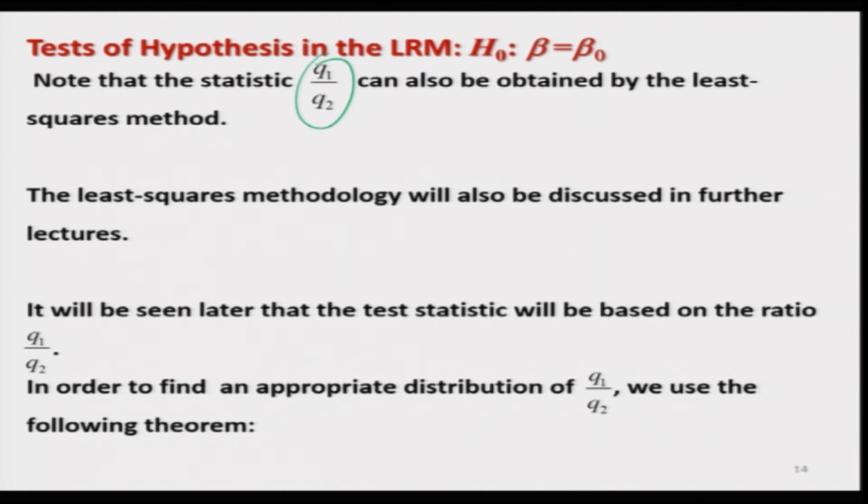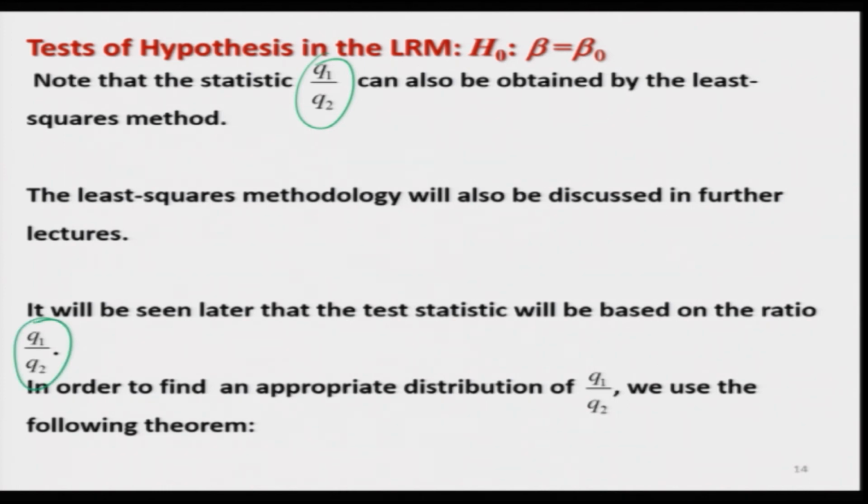The test statistic we obtain through the likelihood ratio test and through the least square principle are going to be the same, and this is simply based on the ratio Q1 upon Q2.